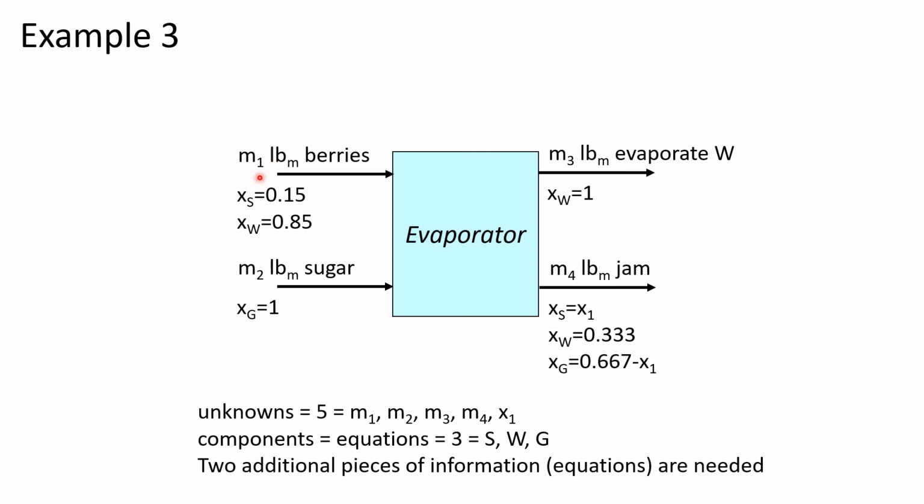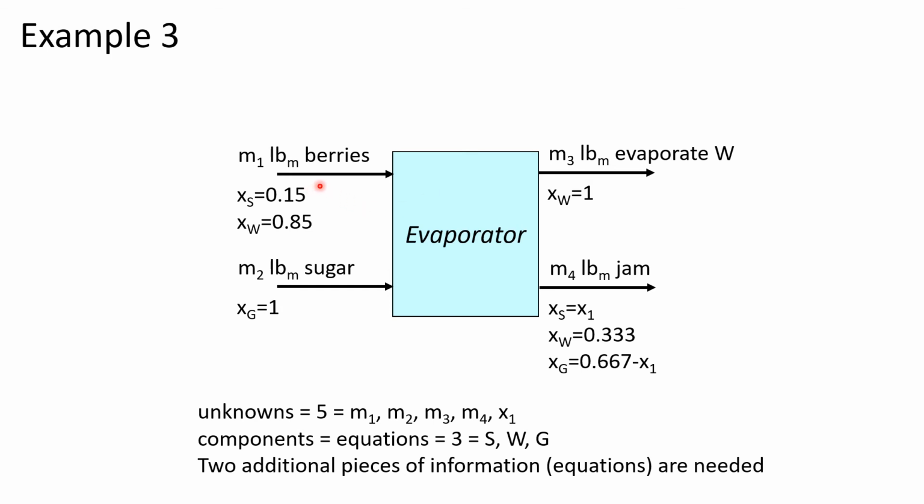We weren't given an amount that we're adding here, but we're going to mix this amount, m sub 1, pounds mass of berries, with some unknown amount of sugar, m sub 2, pounds mass of sugar. And then once we heat it, we're going to evaporate some amount of water. The symbol m sub 3 will represent the mass of water that evaporates, and we'll be left behind then with a mass m sub 4 of jam. All of these masses are unknown.